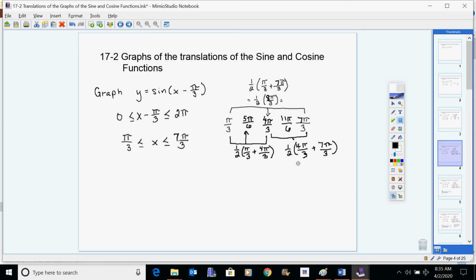Times a half gives you 11/6 pi. And what may or may not be obvious is it's going up by sixths.